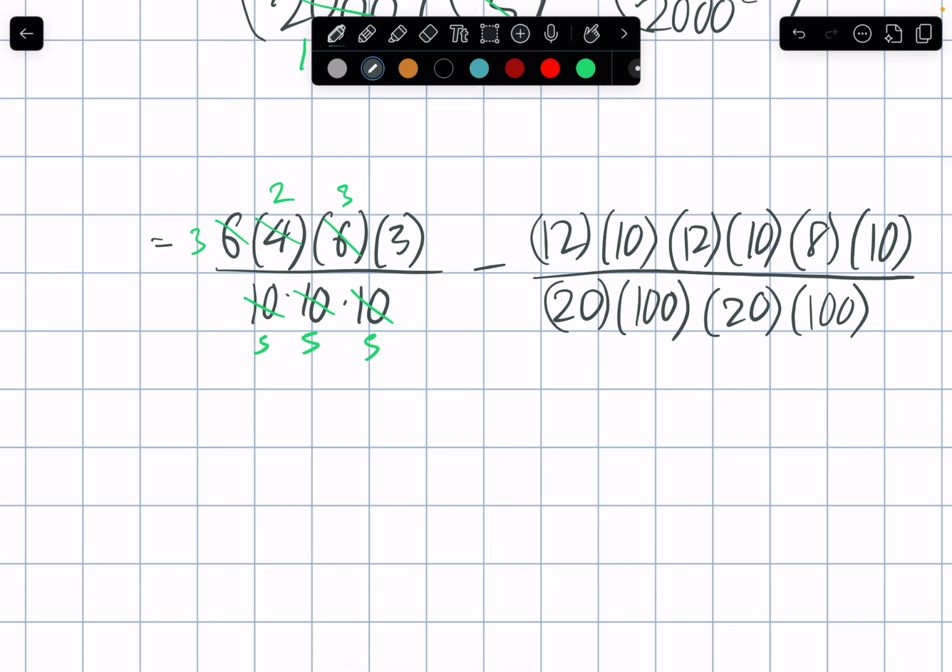Let's further simplify. 3 times 2, 6. 6 times 3, 18, times 3 over 125. Cancel, cancel, cancel. This becomes 10. 5, 4, 5.